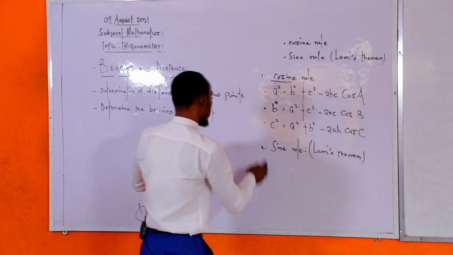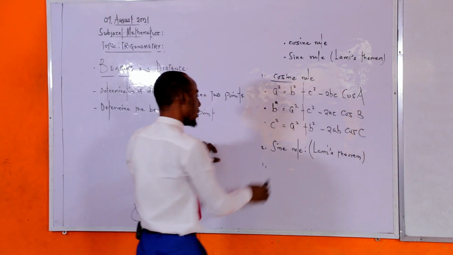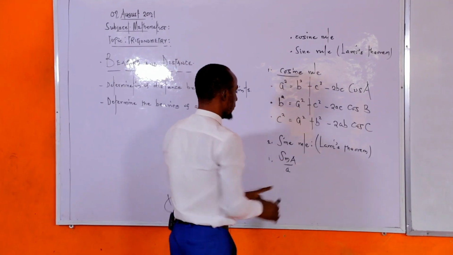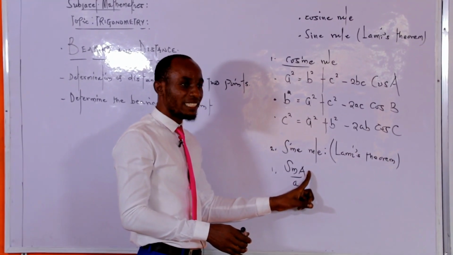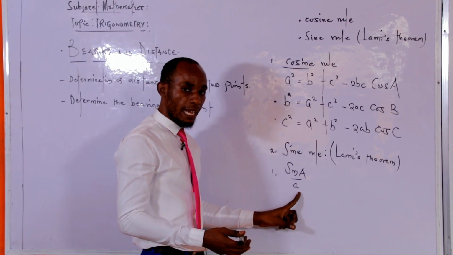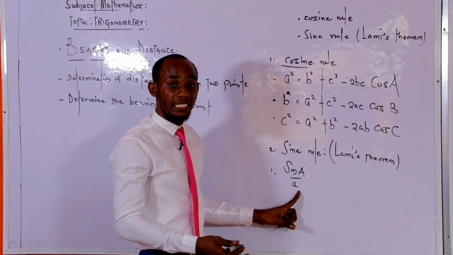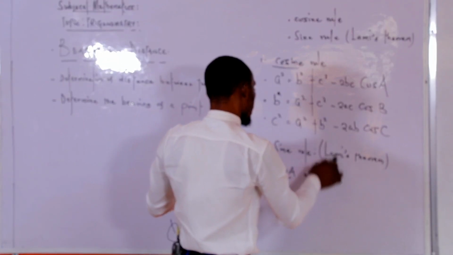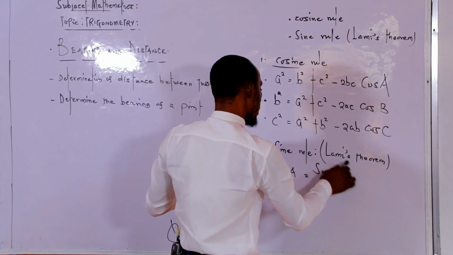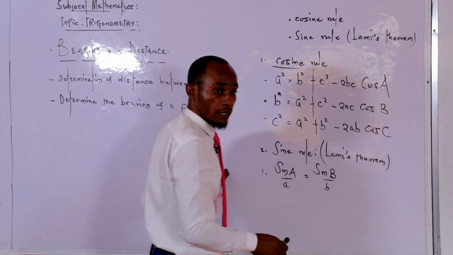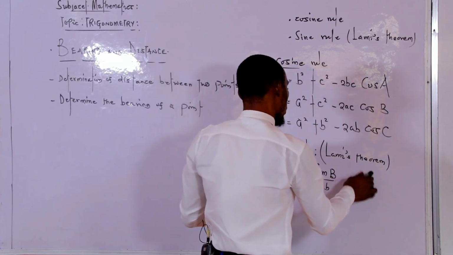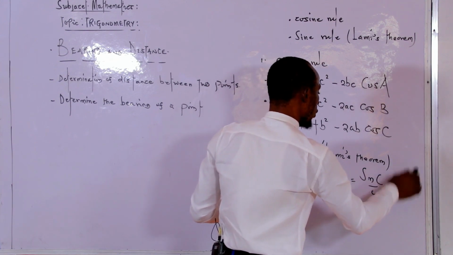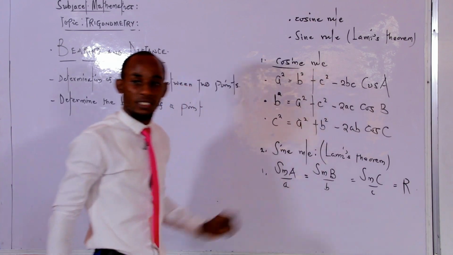I said the first case is that when you have sin A over a, where the capital letter A is used to represent the angle, while the small letter is used to represent the side, don't forget that, if it equals sin B over b, which can also equal sin C over c, it will equal R, which is a constant.